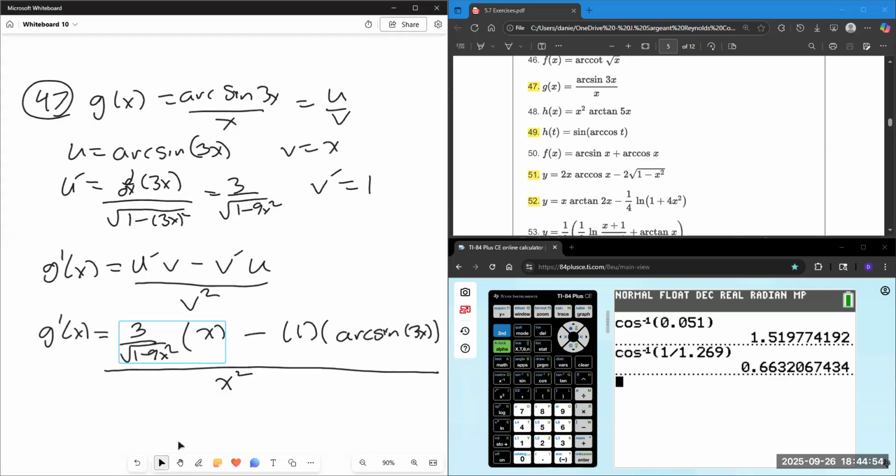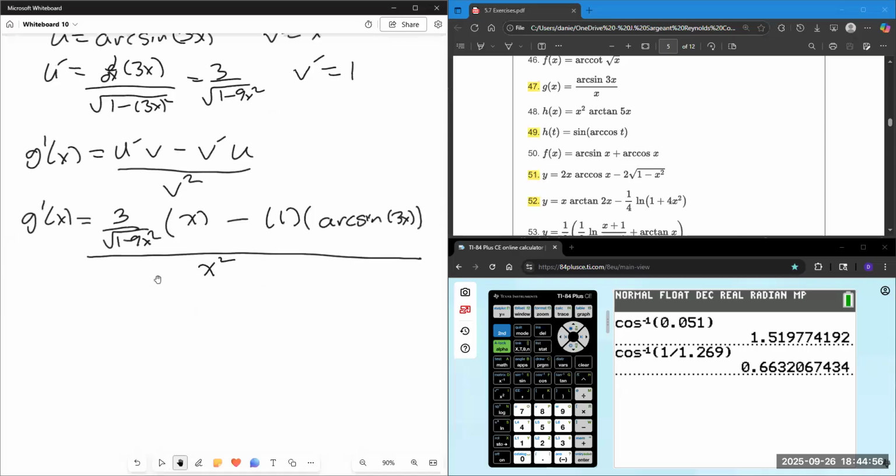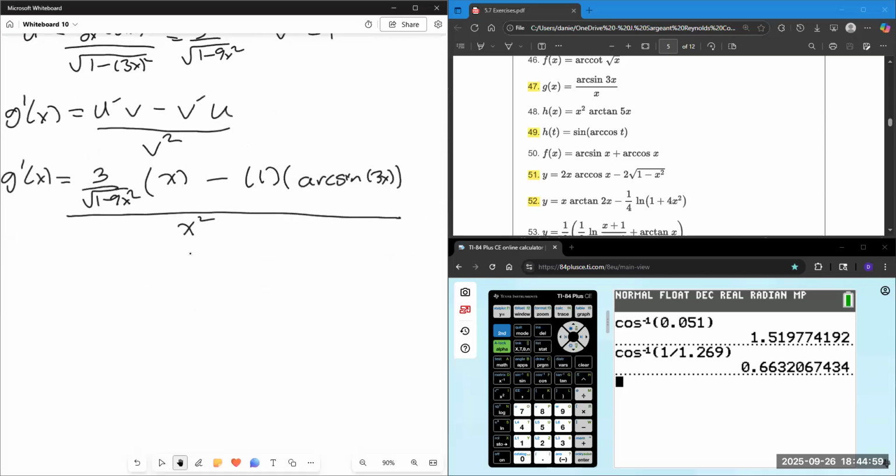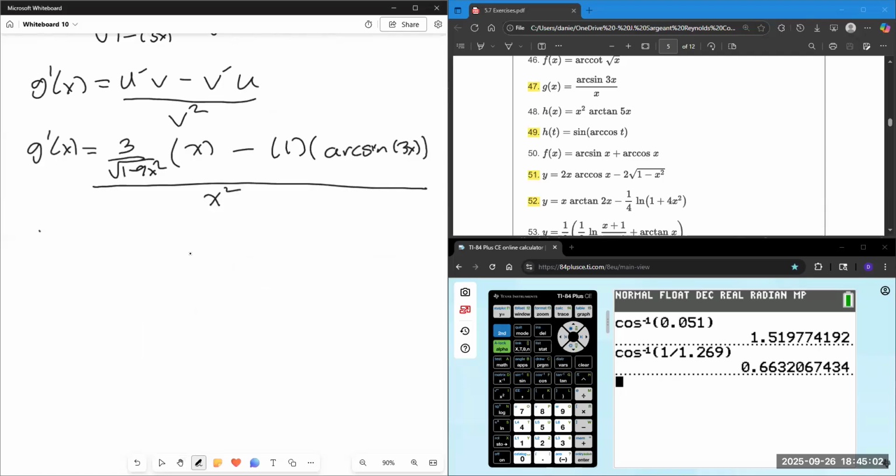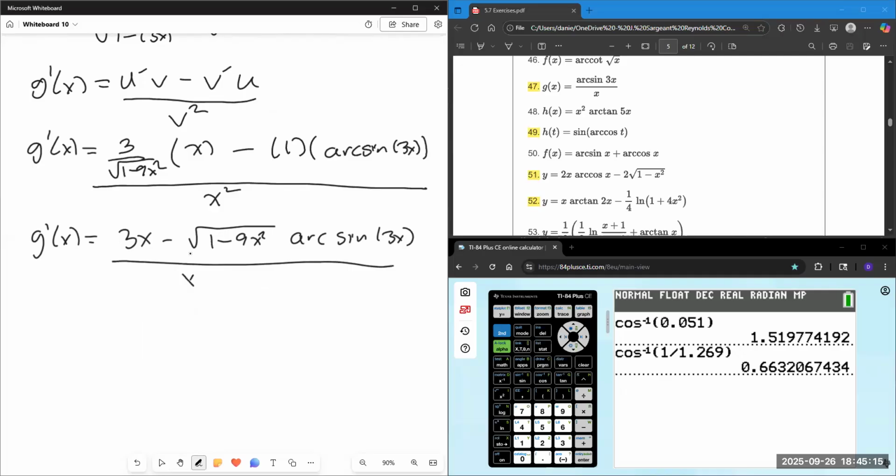So I don't like that denominator there. I'm going to multiply to get rid of it. g prime of x is 3x minus root 1 minus 9x squared arc sine of 3x over x squared root 1 minus 9x squared. I'll just add parentheses to be clear there. All right.